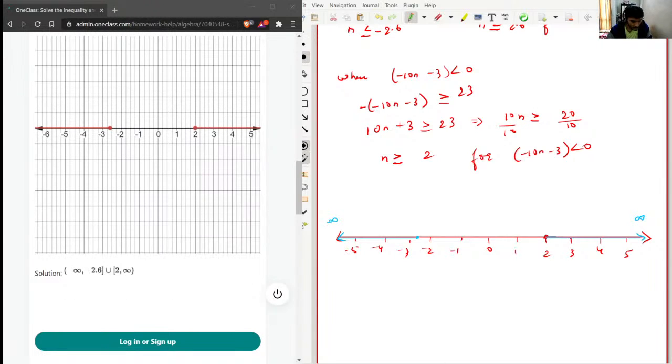So this is the graph, and yeah, finally we write this as solution will be, it will be minus infinity to minus 2.6 and union 2 to positive infinity.